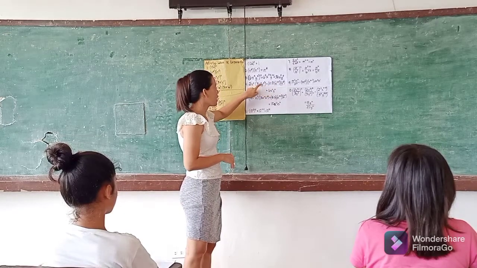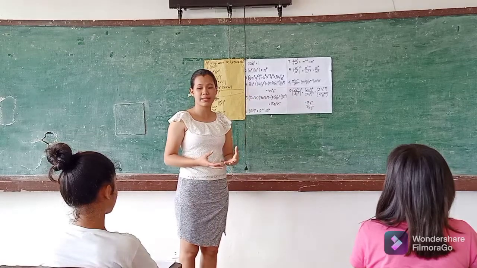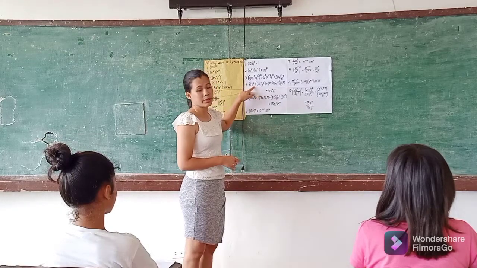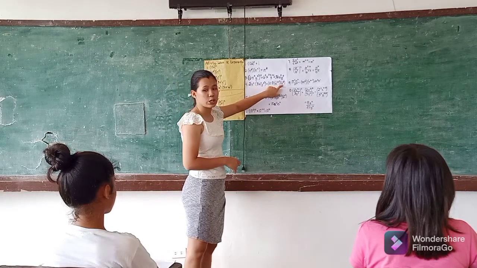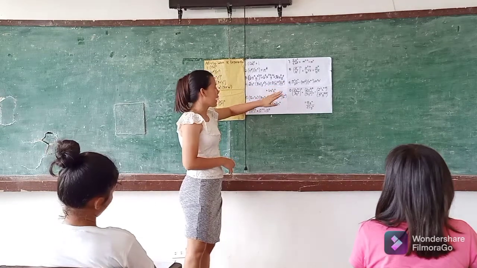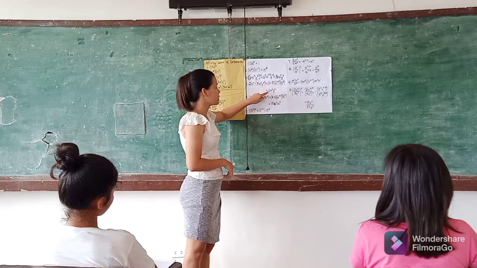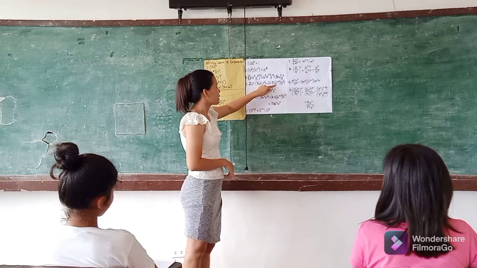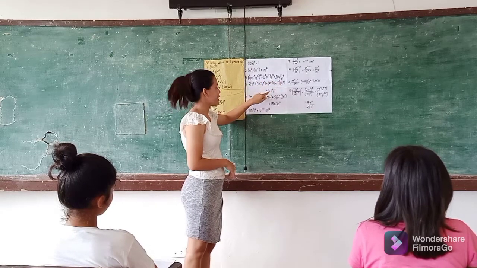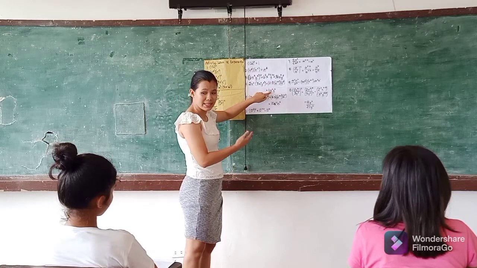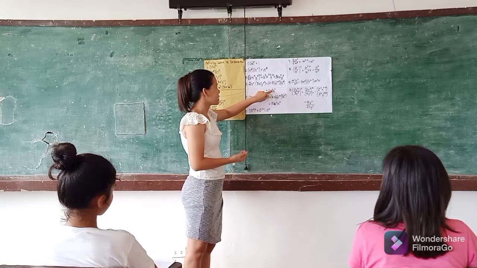Then our y cubed does not have the same variable, so it remains y cubed. To get the answer, we multiply 2 times 3, which is equal to 6. Then x squared plus 4 is equal to x raised to 6.